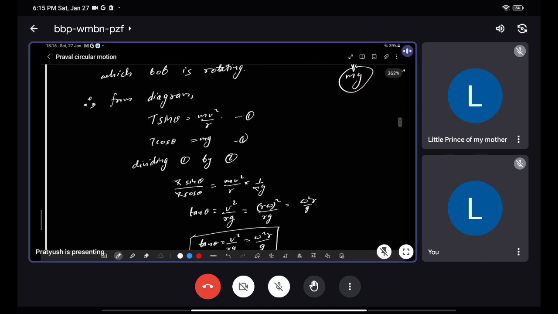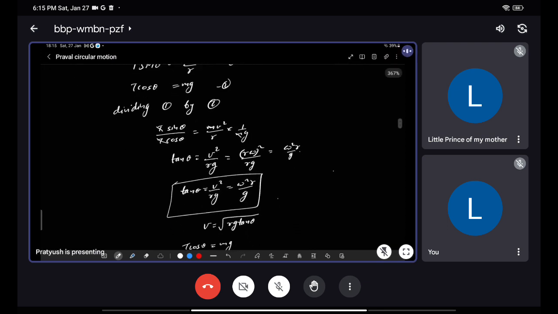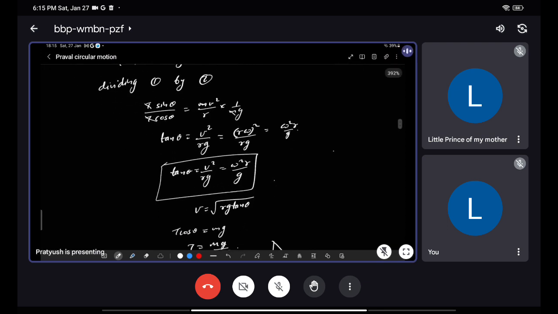Now second equation and first equation. Divide equation 1 by equation 2. From here what do we get?